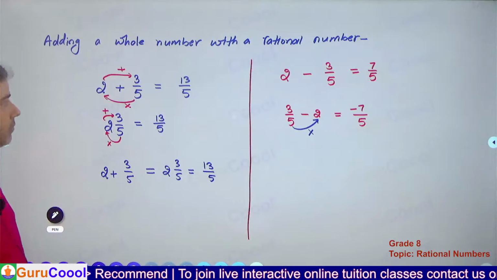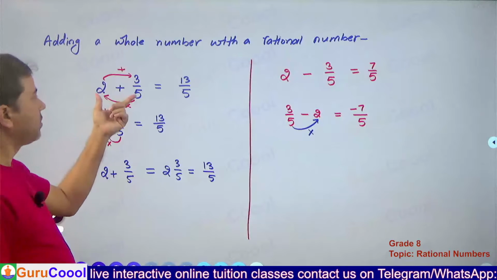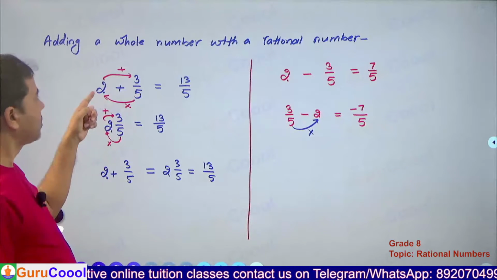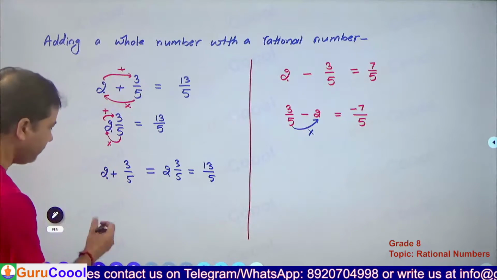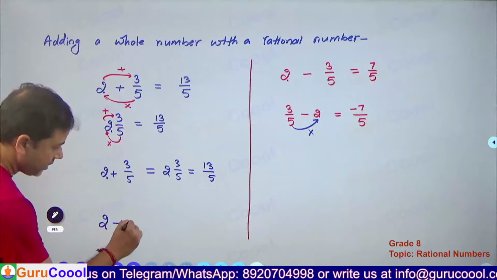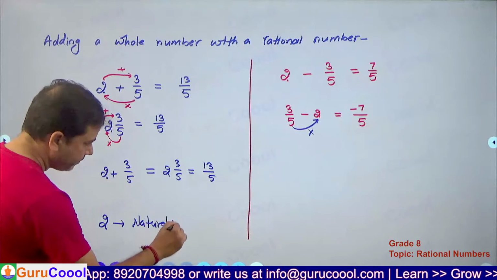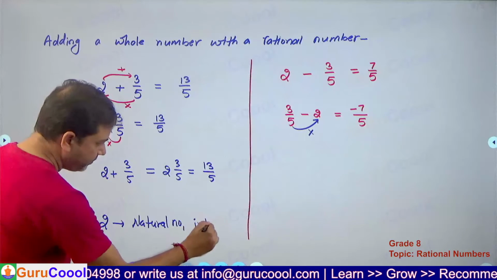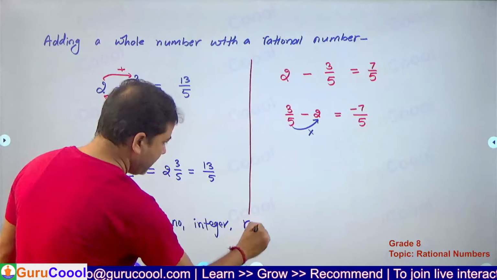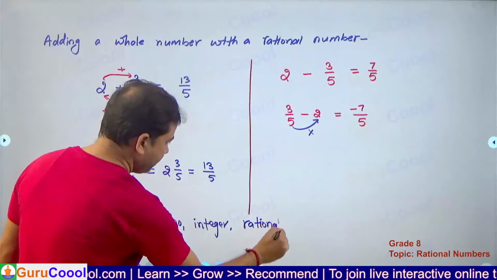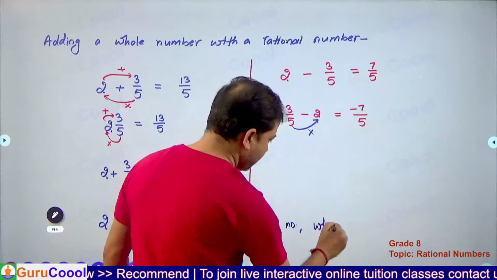Yes, sir. Now let us have some other questions where we have more than two rational numbers. 2 is also a rational number, remember, but 2 is a whole number as well. 2 is a natural number, an integer, a rational number, a whole number, all these.